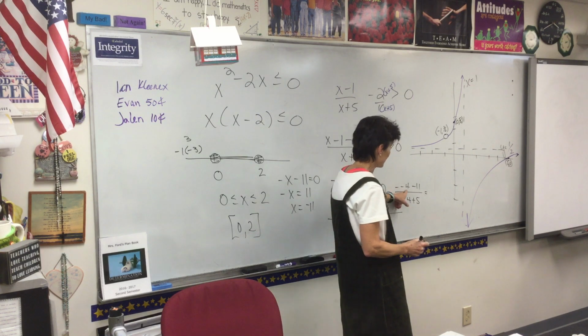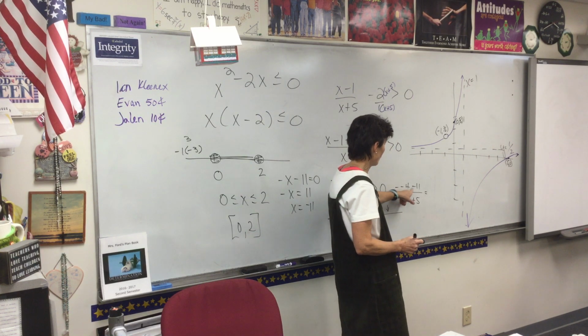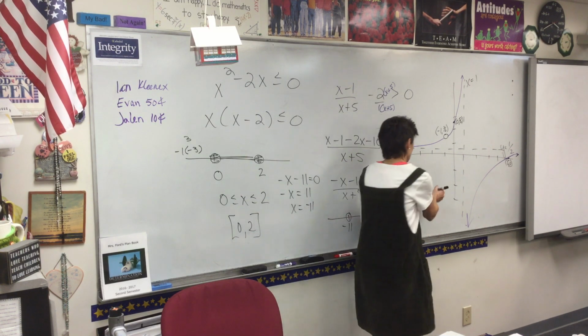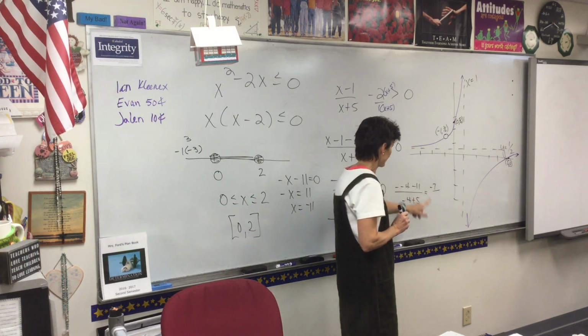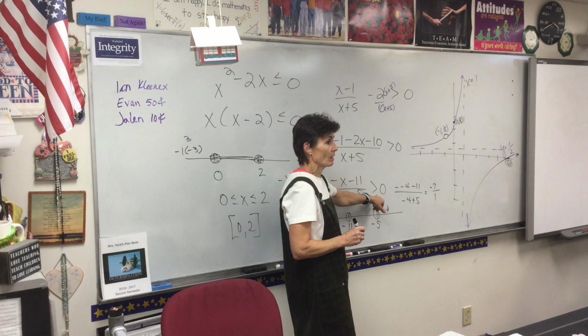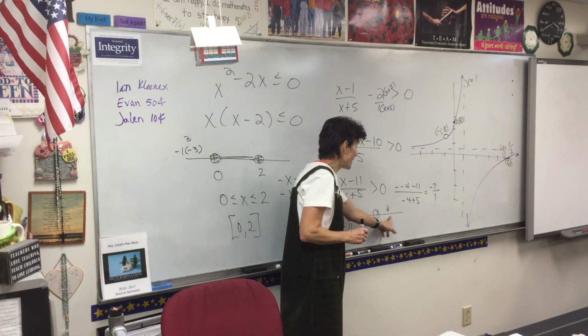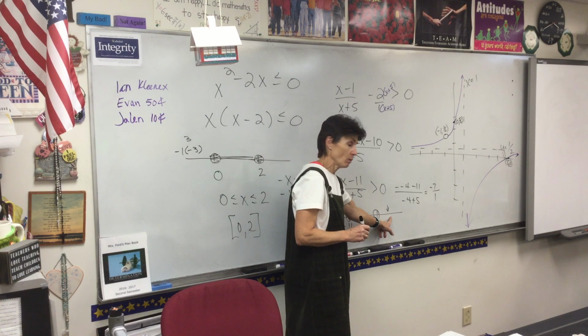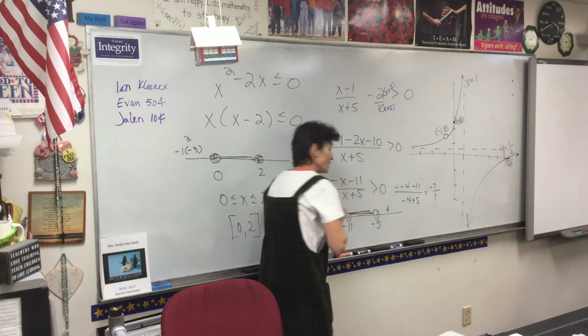Now, what's -4? Positive 4 minus 11 is -7 over 1. Is that bigger than 0? No. So I'm not shading where -4 is. I'm shading in between again.